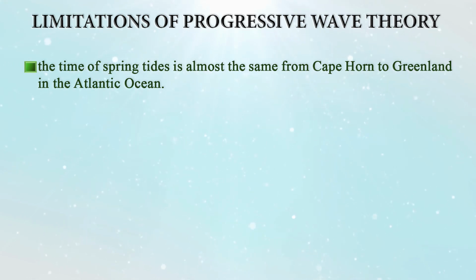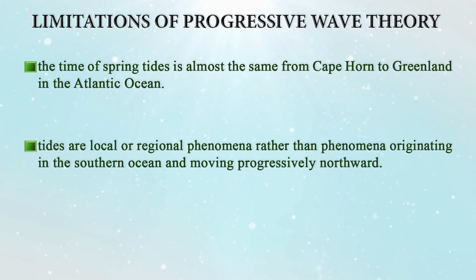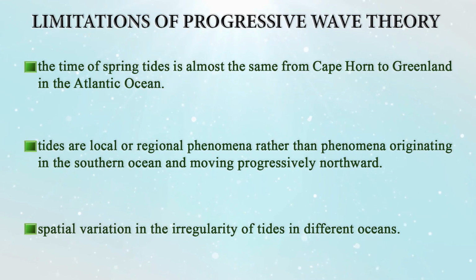Besides, it was also suggested by scholars that tides are local or regional phenomena rather than originating in the southern ocean and moving progressively northwards. And spatial variation in the irregularity of tides in the different oceans is also not explained by this theory.